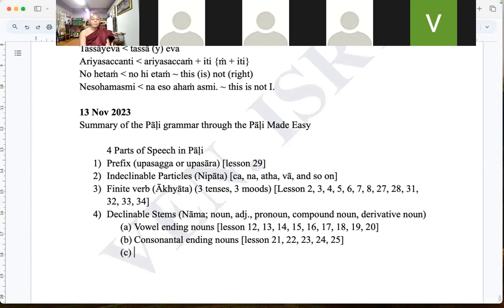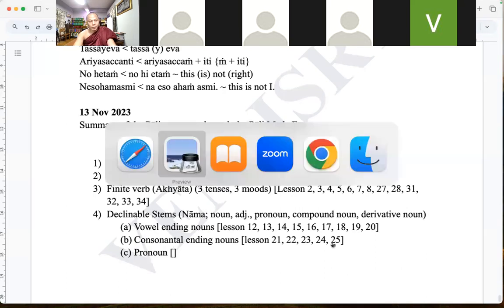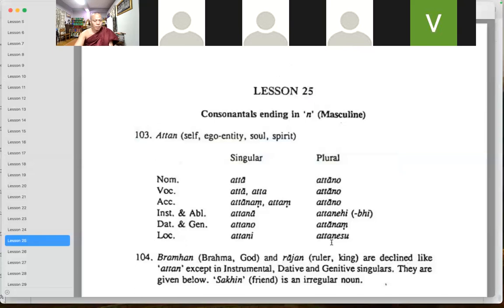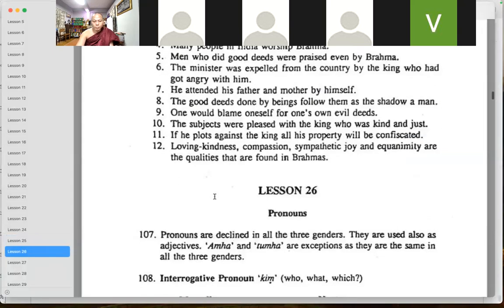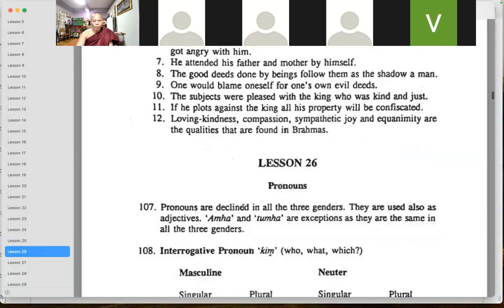And then the last part, the next part is pronouns. Those pronouns are in lesson 26, you see pronoun.